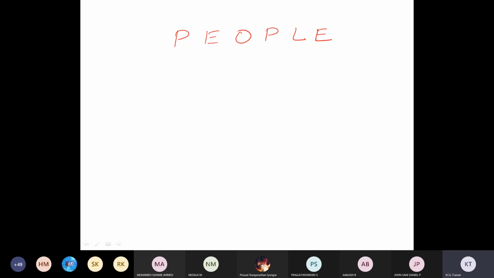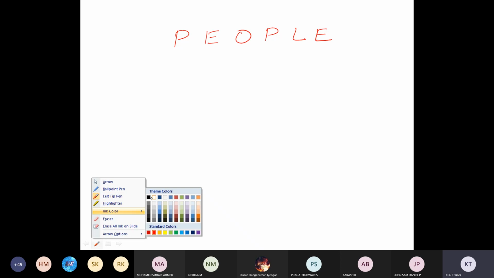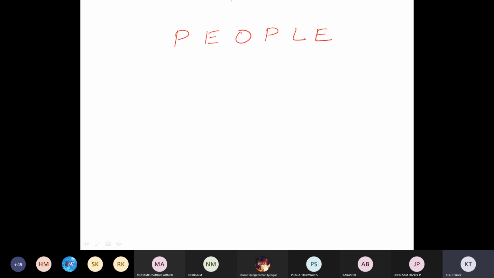Now, people is a word which has a repetition. So as usual, repeat the first three steps, whatever we normally do for the non-repeating letters, do the same process.